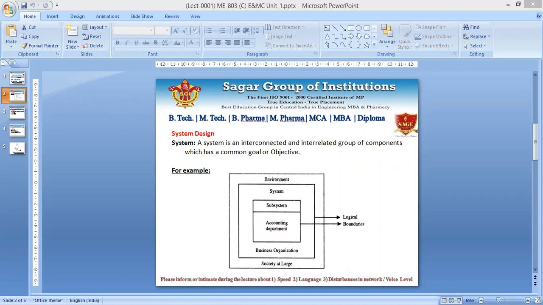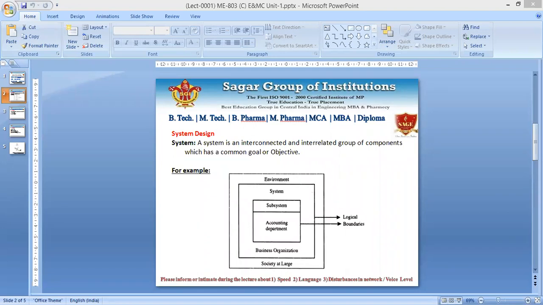From this system perspective, we could easily understand that focus is on what? Efficiency and effectiveness in each part of the system, with the understanding that actions taken in one part of the organization will definitely affect the other part of the organization.